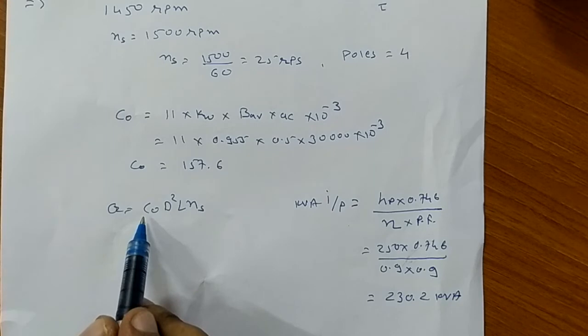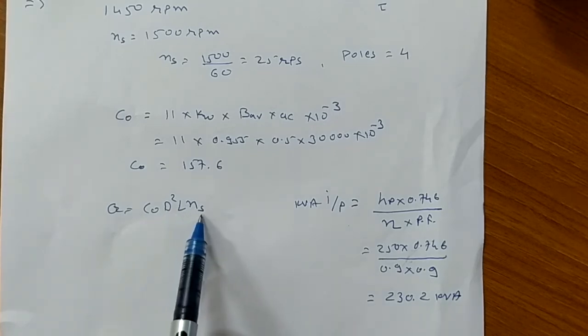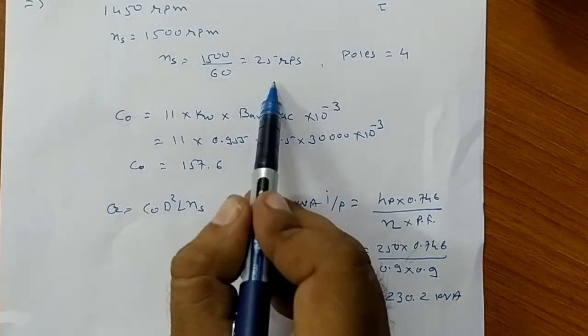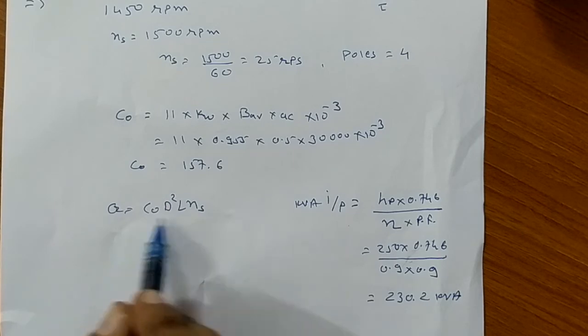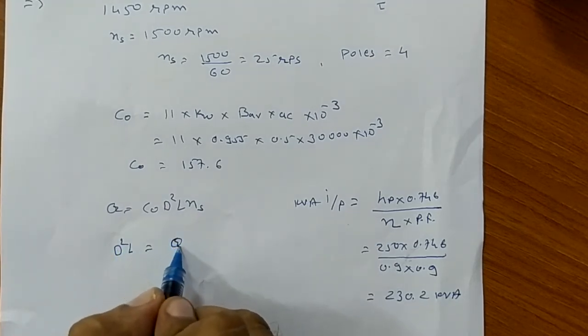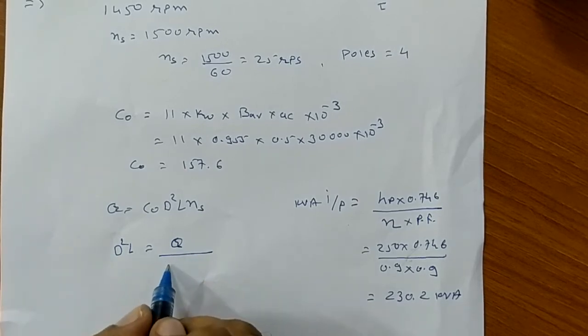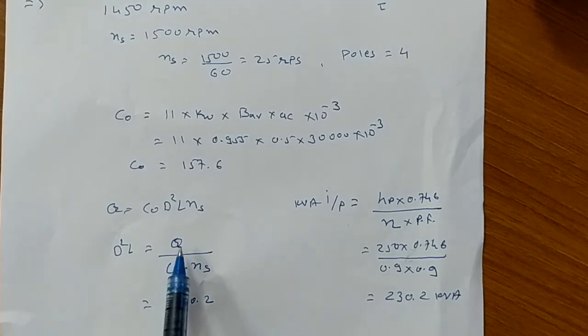Now I have the value of Q. I have calculated value of C0. What are the unknowns? D and L. The synchronous speed is also calculated, 25 rps. So let us put this value. We can reform this equation as d square L is equal to Q divided by C0 into ns. Now let us put the value: 230.2. Note it down that when we put the value of Q, it should be in kVA.